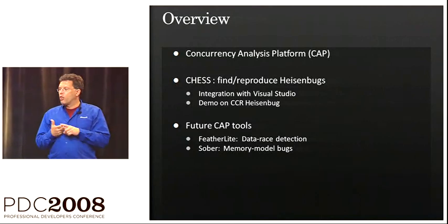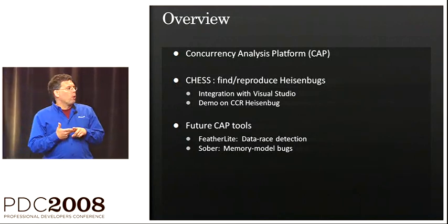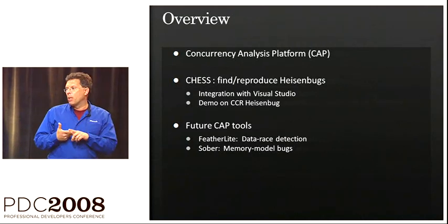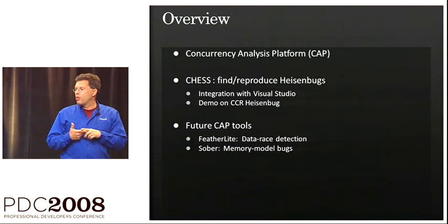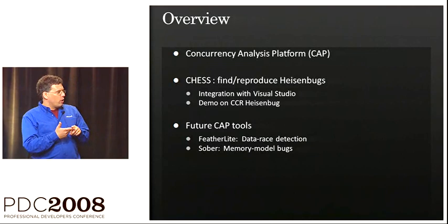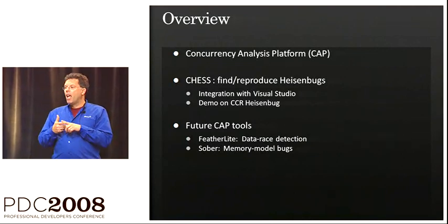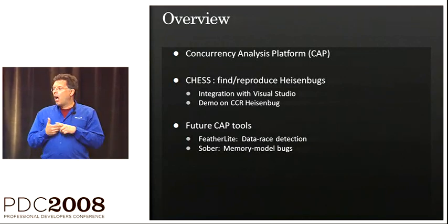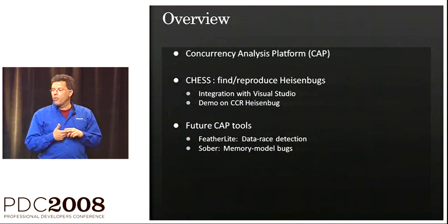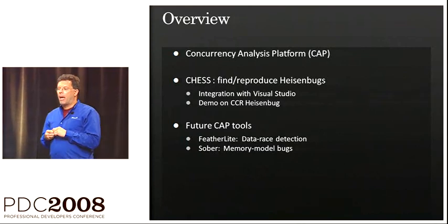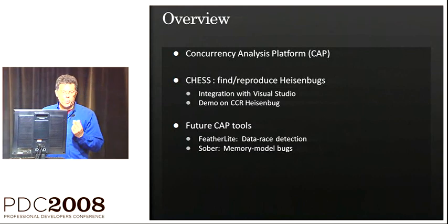But then we'll go on and show you a demo where we worked with George Chrysanthakopoulos, who's the author of the Concurrency and Coordination Runtime that we just announced the availability of today. We'll show you how we found a Heisenbug that he had reported to us. Then Madan will come back on stage and talk about the future plans, future tools that we have in the pipeline.